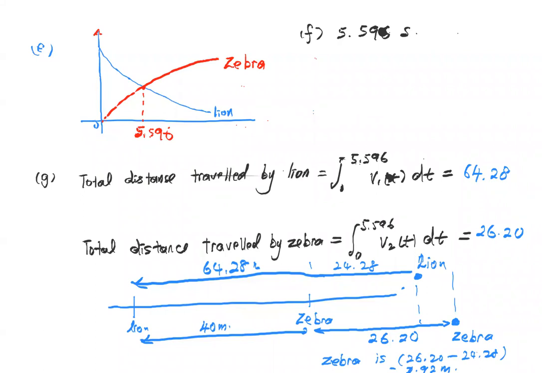So that is how the application question works. See or not? That means within that time, the lion must travel the difference. You must take away 40. See or not? So that is the logic behind it. If you cannot see the logic, then you draw the diagram, then you will understand better.